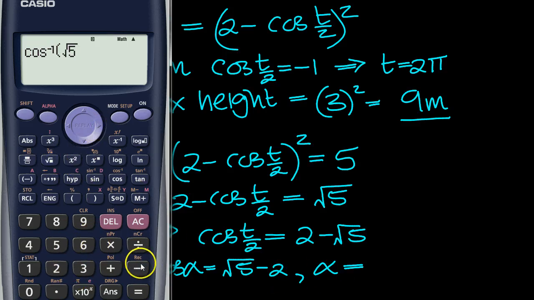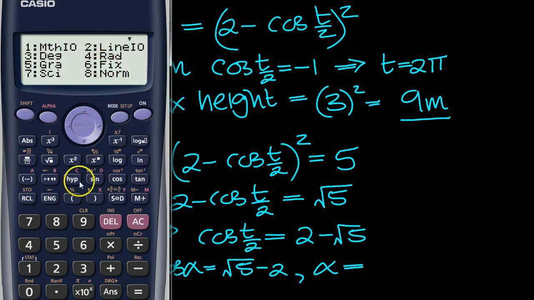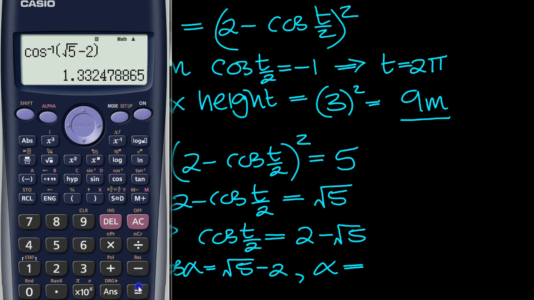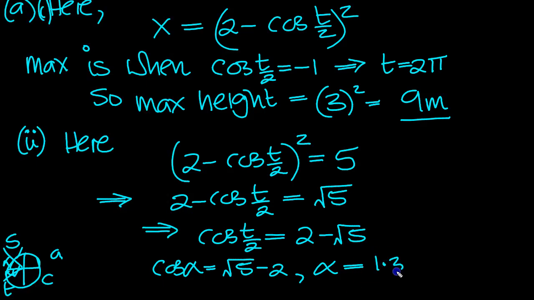the root 5 outside the square root minus 2. Equals, now we're in degrees mode, we want to be in radians mode, so let's change the mode to radians. That equals 1.33, so it's 1.3 to 1 decimal place, 1.3 radians.